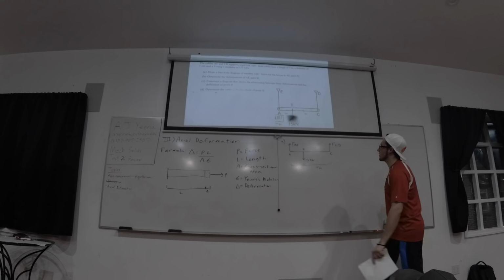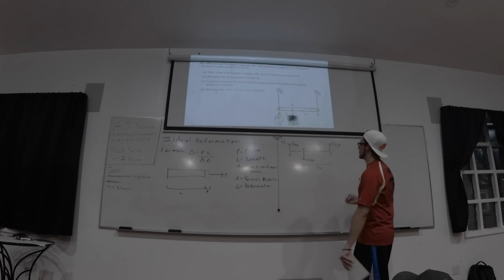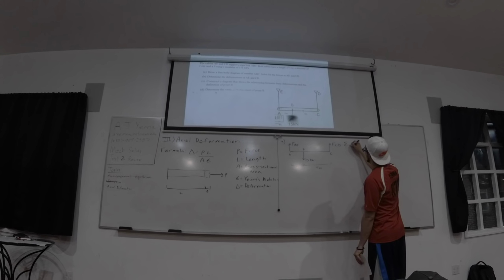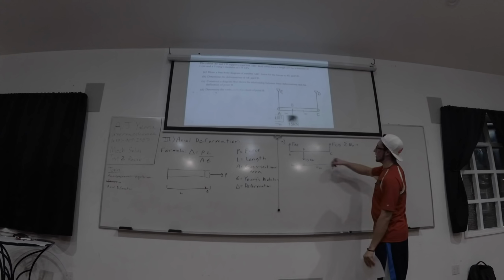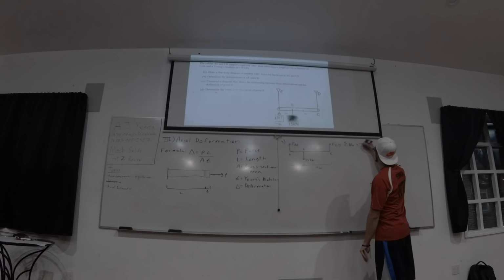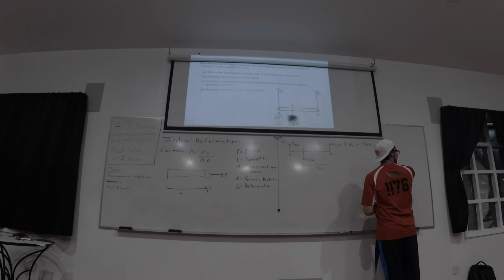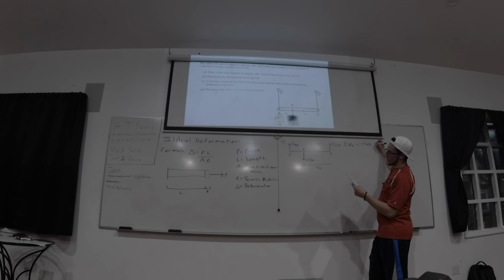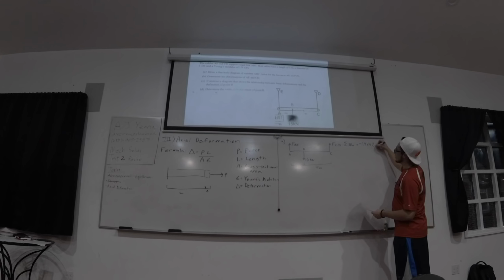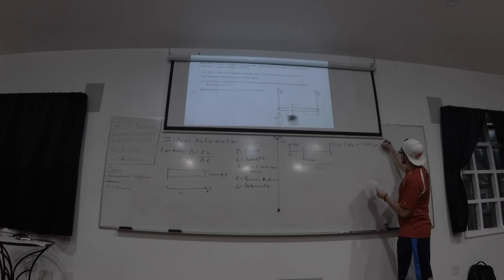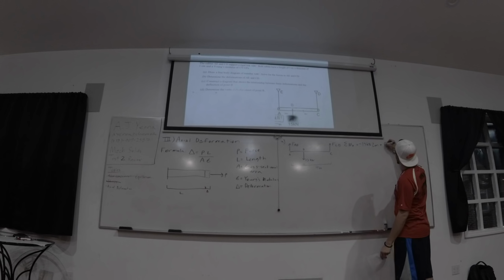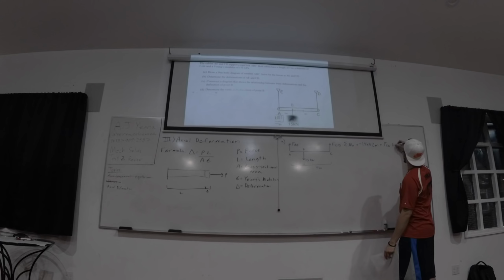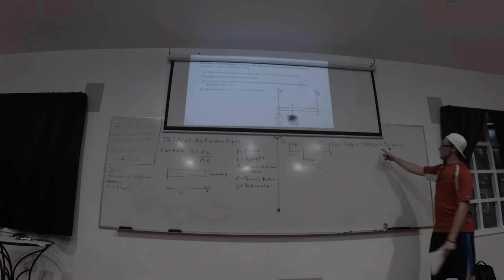So I started with, I took the moment about A so that this force goes away. So the moment about A is negative 15 kilonewtons times 2 meters plus FCD times 6 meters is 0.